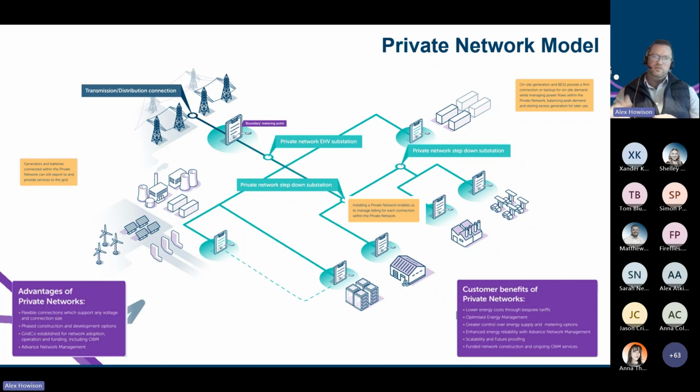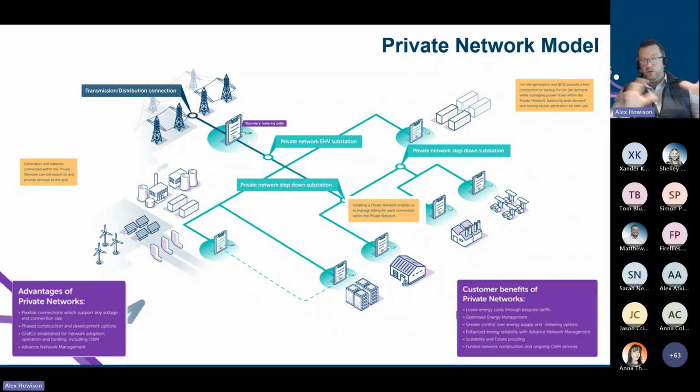So it does deliver the opportunity to reduce grid energy consumption, to keep as many of the electrons within the private network as is possible, and deliver cost optimization to the different connectees within the private network itself.